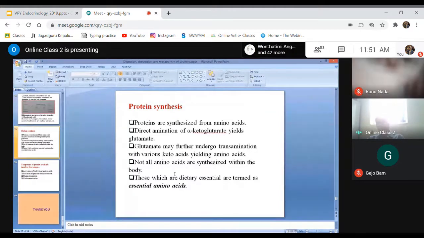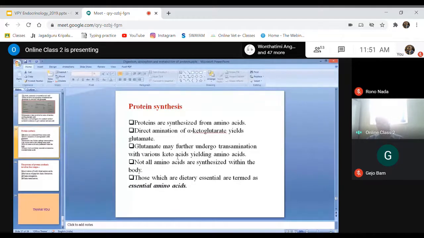There are 10 essential amino acids in the case of monogastric animals, and 11 essential amino acids in the case of birds.